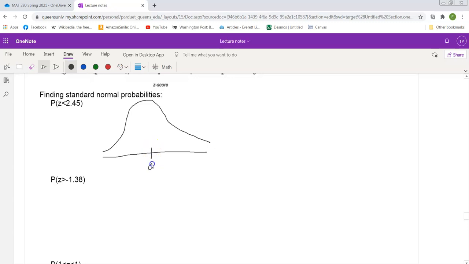But there's 0, 1, 2, 3, and then negative 1, 2, 3 on the left. But we just need up here, so 2.45 is going to be right about here. This is less than, so we want to shade to the left. So we're looking for this area over here to the left side of this line.